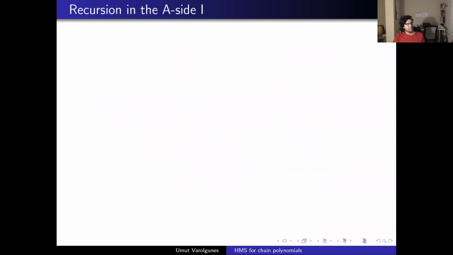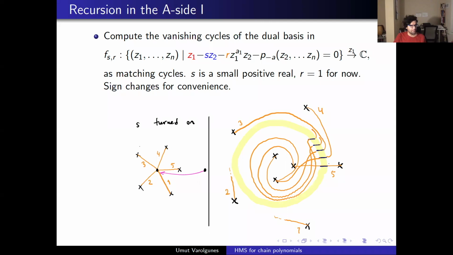Okay, so now I want to explain how we prove that the recursion holds on the A side. So let's start here. I told you that I wanted to compute the small Fukaya-Seidel category of the blue distinguished basis.